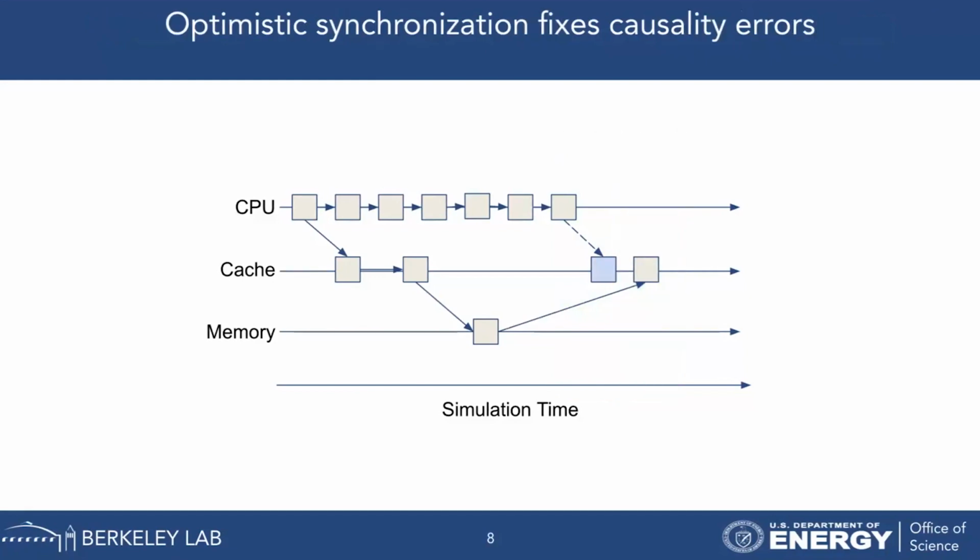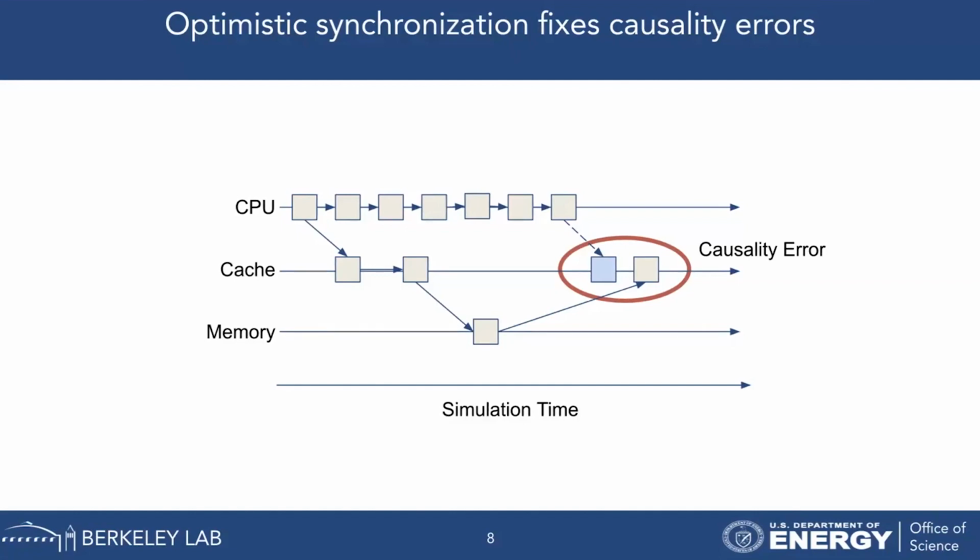Now, what we're proposing is an optimistic approach. The optimistic approach says we'll allow for events to be executed out of order. So to harken back to this example, we have this causality error. That memory request returning has now been executed before the memory request from the cache has been processed.